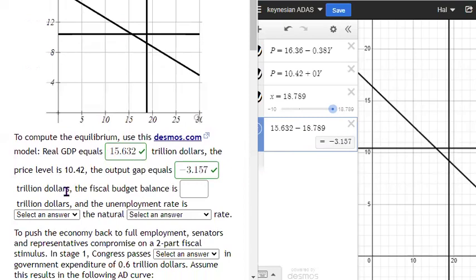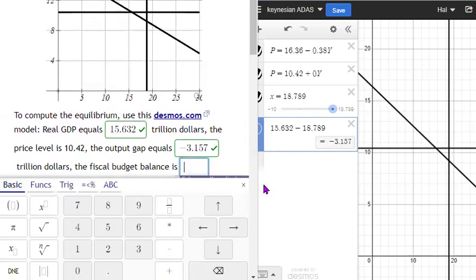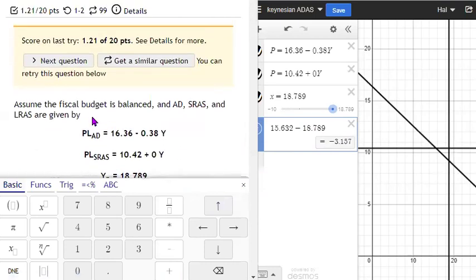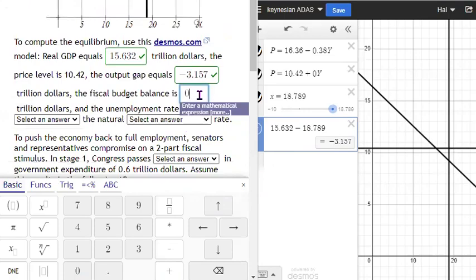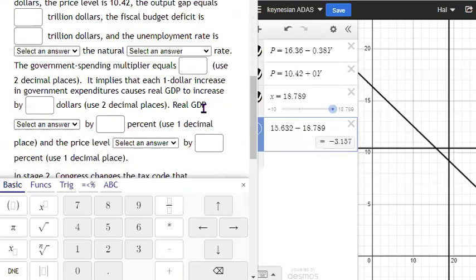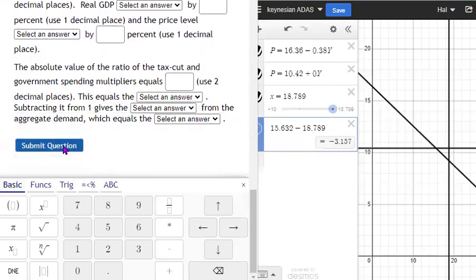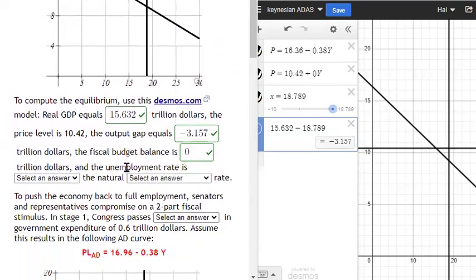The fiscal budget is balanced, so the fiscal budget balance is equal to $0 trillion by assumption. That means tax revenues that the government collects equals the government expenditures, right?